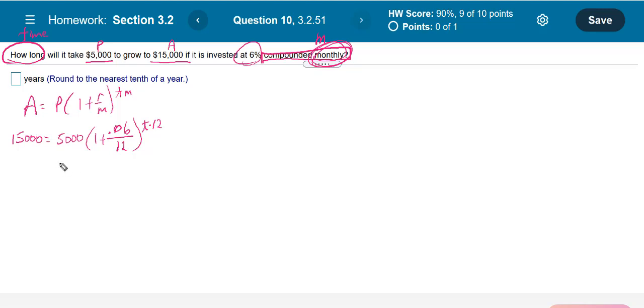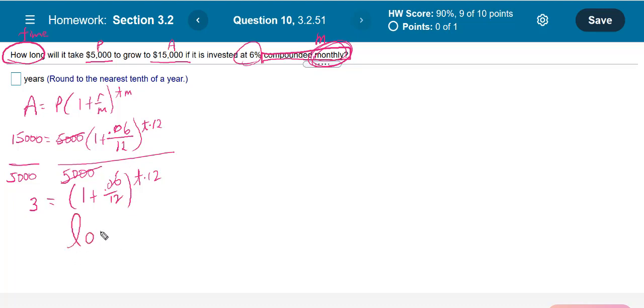We'll begin by dividing both sides by 5,000. Now this time the division on the left comes out nice and even. 15,000 divided by 5,000 is a 3. I did show you in one of the other problems how to store a number if it is not a nice even number. So at this point we are ready to convert to logarithms.